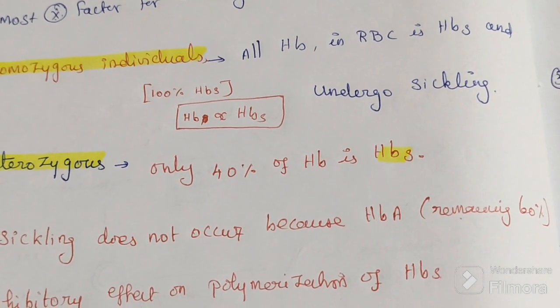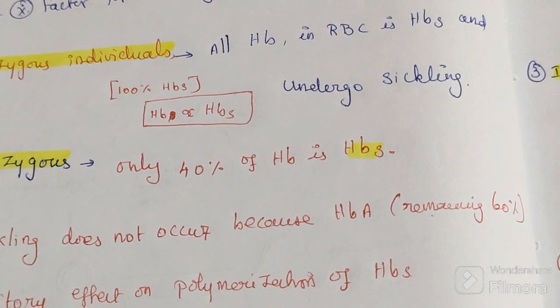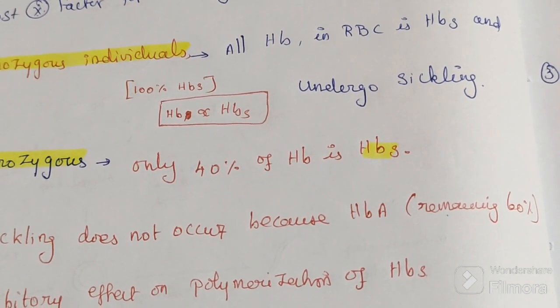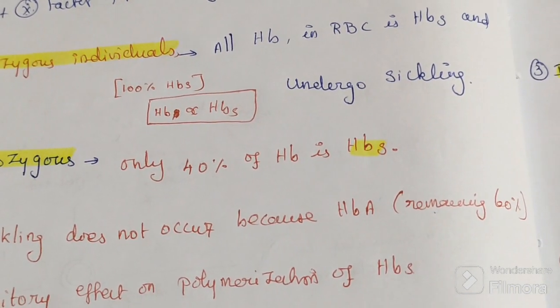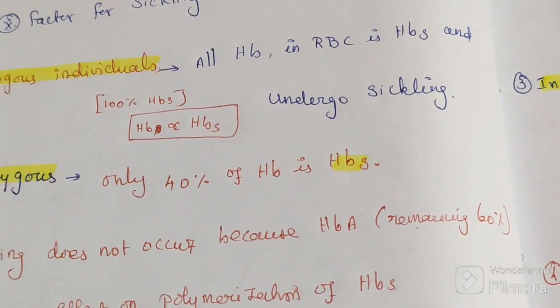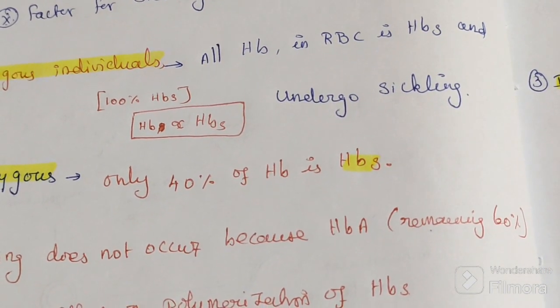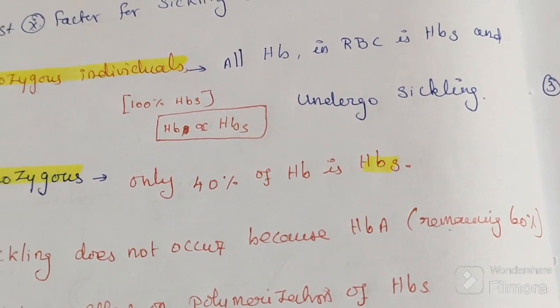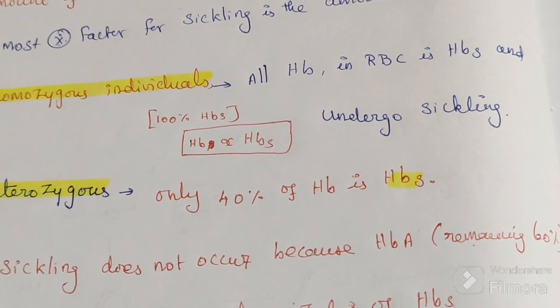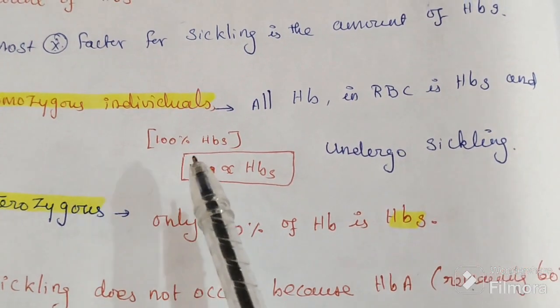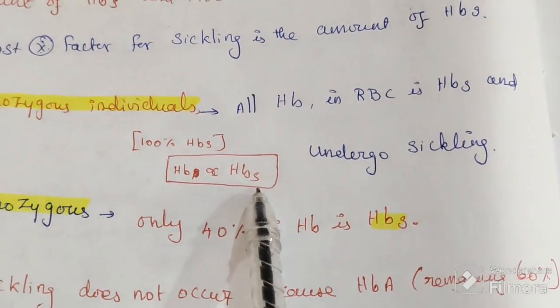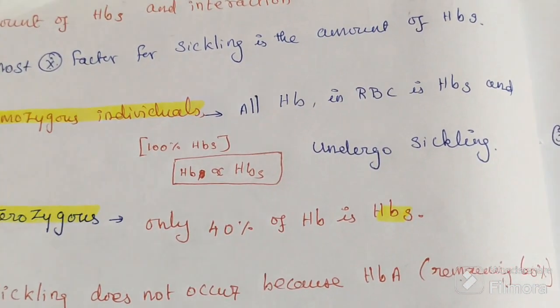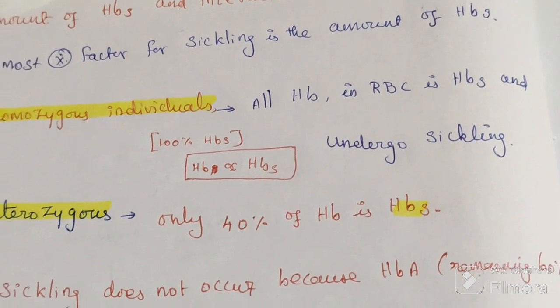So here sickling takes place directly, only HbS is present, so we can say sickling is directly proportional to HbS. More HbS means more sickling. We can understand that here.